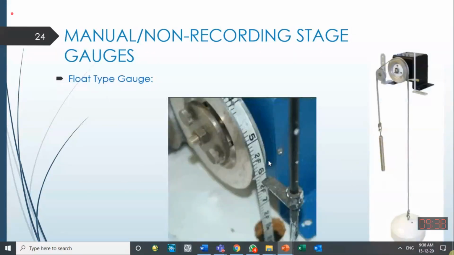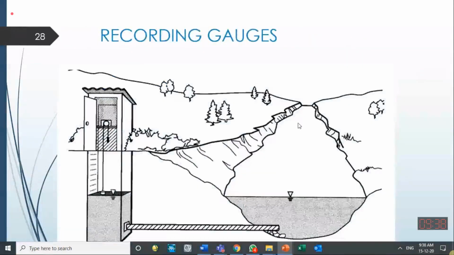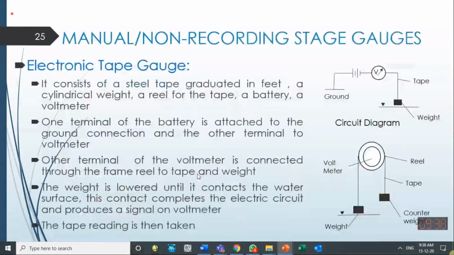For example, I show you a stilling well. Over here, here is a channel coming. A stilling well has been installed over here, and it is linked with the channel itself. So whatever the water level is, the same is the water level in the stilling well, and it can be observed easily.